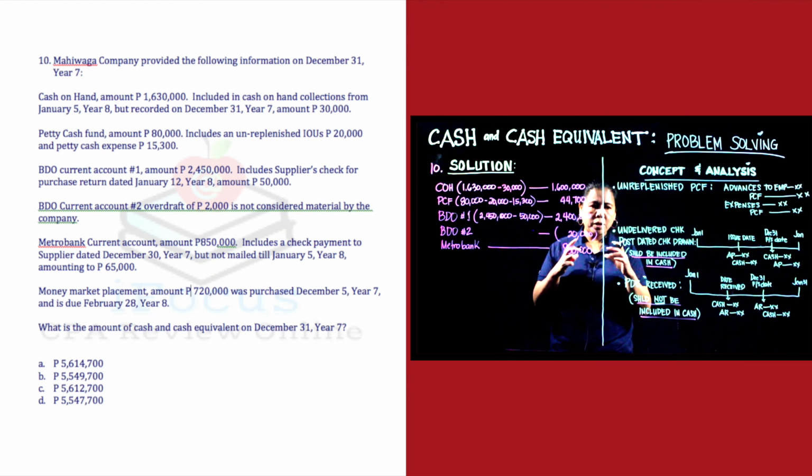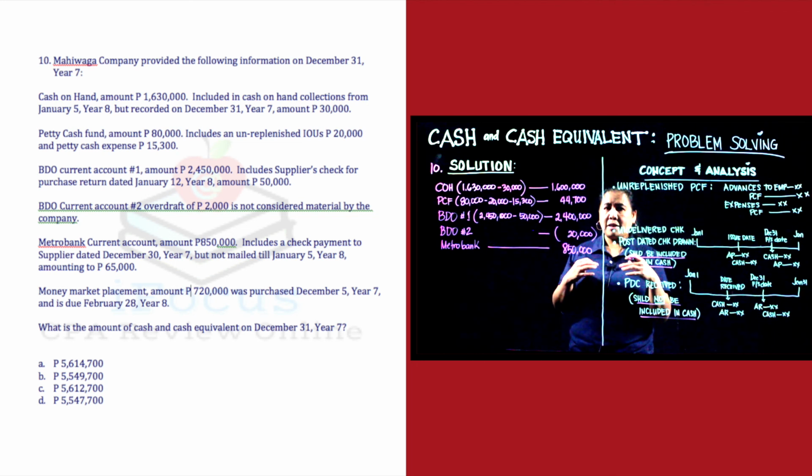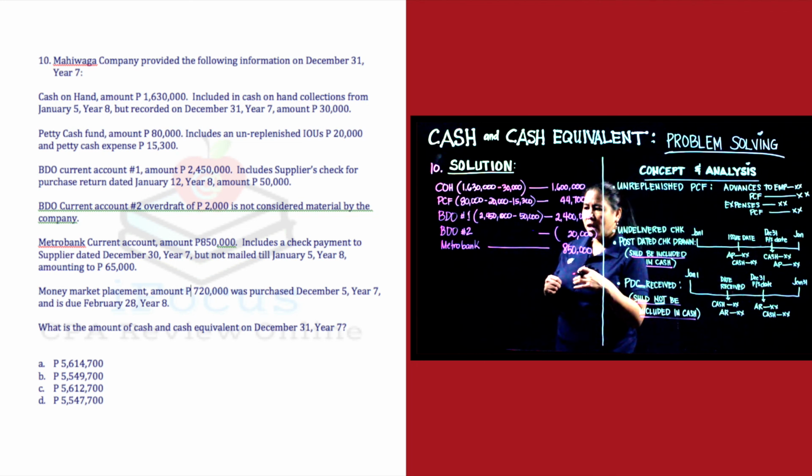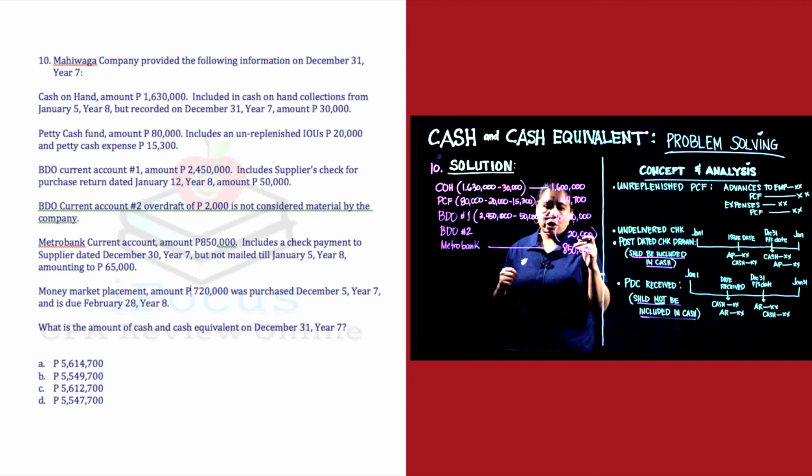Alright? Yung 3-month rule, yun po yung from purchase date up to the maturity date. So, ang purchase date natin sa money market placement na ito ay December 5 of year 7 at magmamature siya ng February 28, year 8. So, pasok pa rin siya sa 3-month rule natin. Alright? So, that is our cash equivalent.